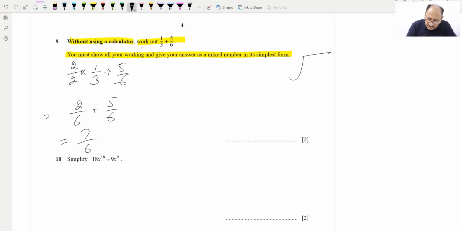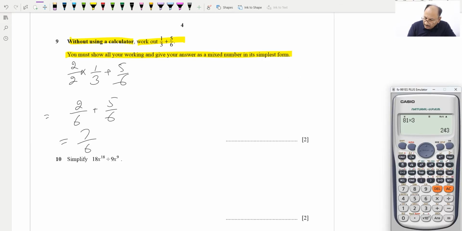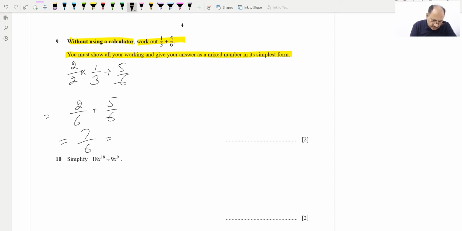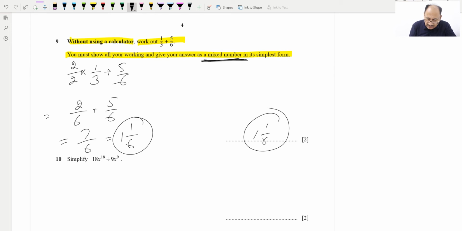Now we can divide 7 by 6, or you can even use a calculator to check the mixed number, and this gives 1 whole 1 over 6. This is the answer in mixed number, because they ask for the answer as a mixed number in simplest form.